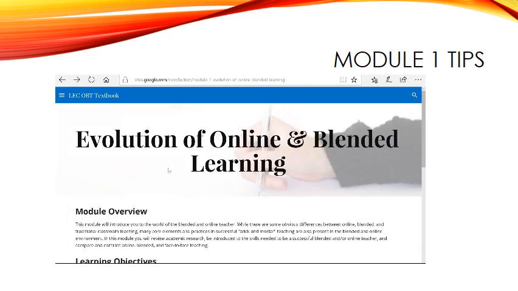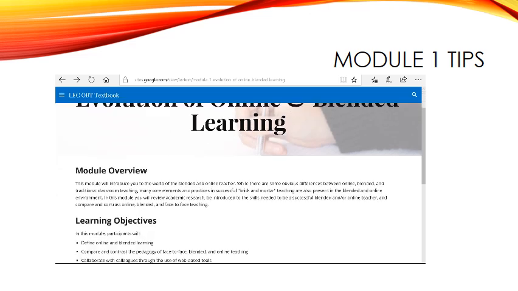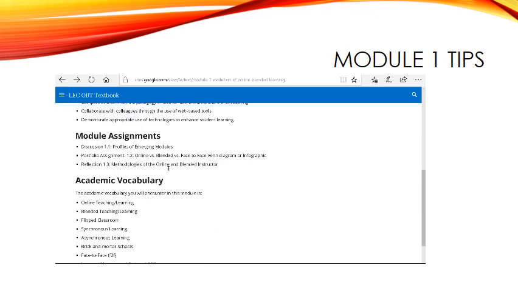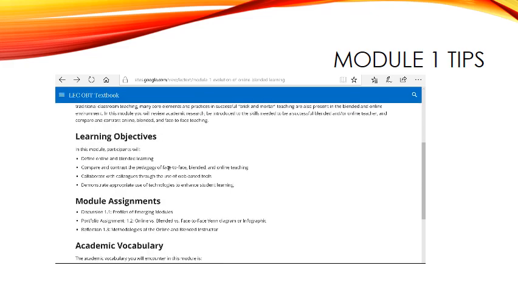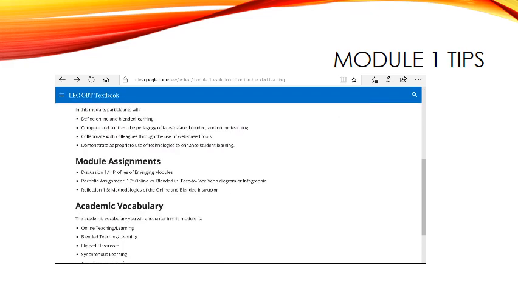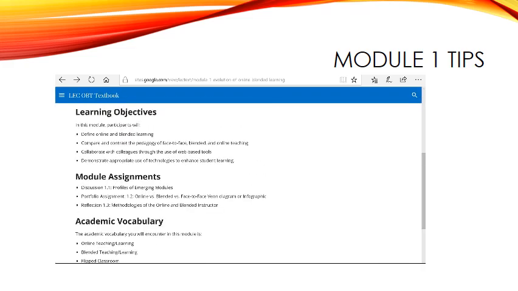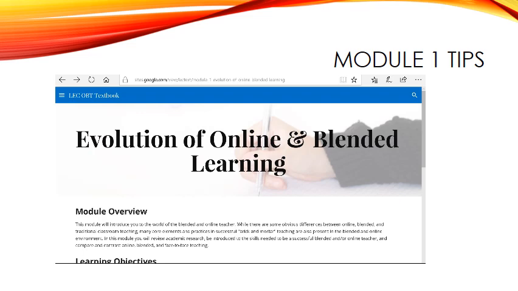So in this case, you're reading about the evolution of online and blended learning in Module 1. And so you'll go through, and the first page is always an overview listing the objectives, the assignments, and the academic vocabulary of the module. And then you will proceed on to the next pages.